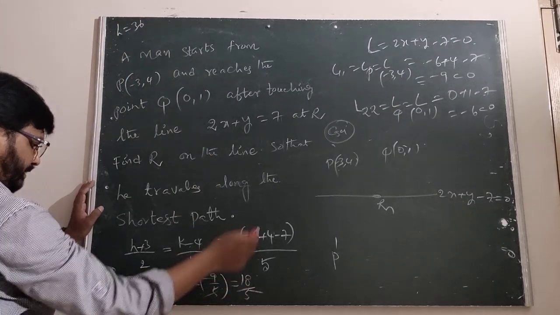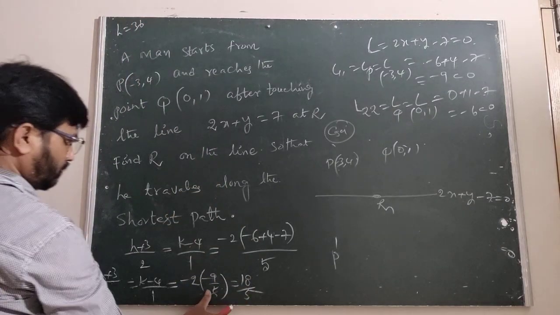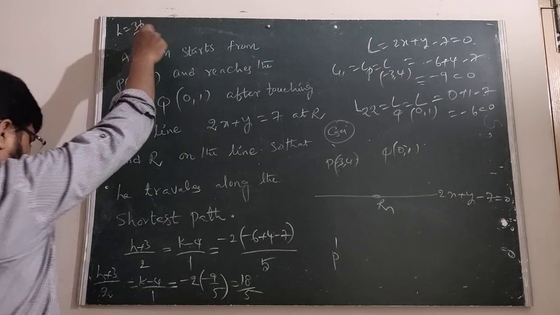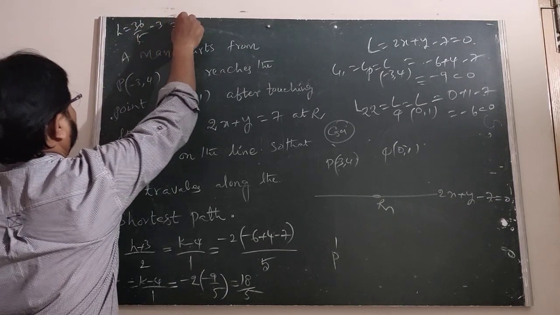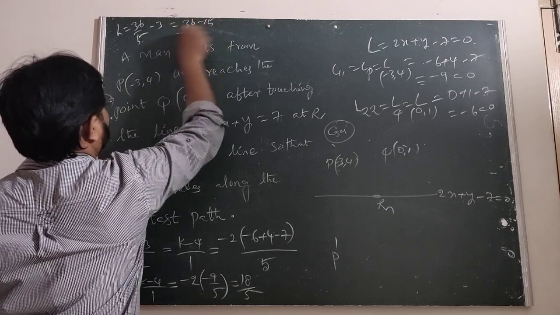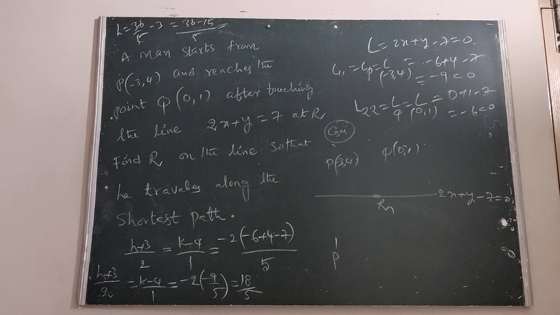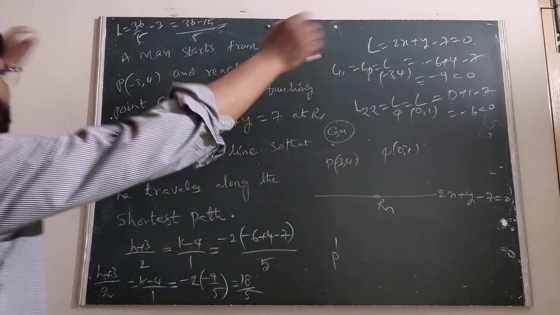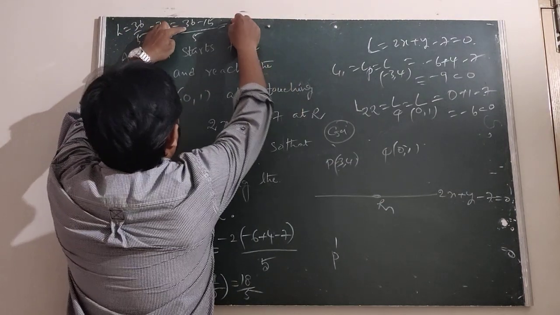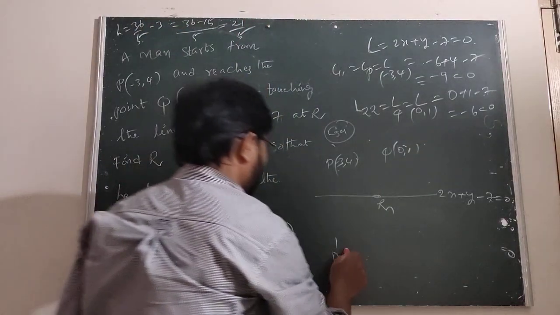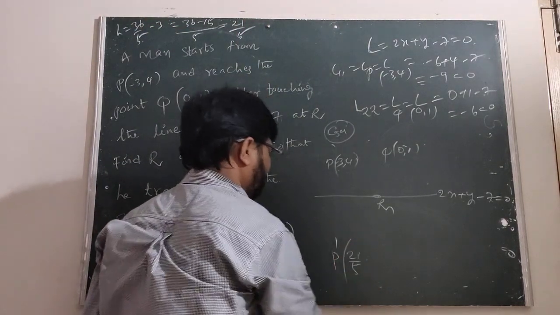Now the value of H is 36 by 5 minus 3. Now this is (36 minus 15) by 5. 36 minus 15 is 21 by 5. This is the x coordinate, 21 by 5.